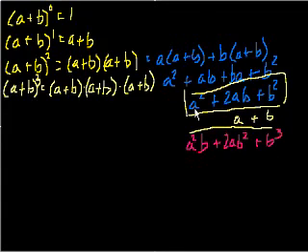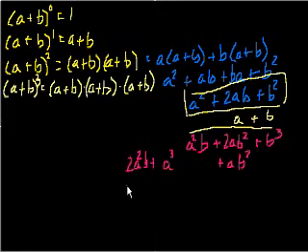And then we have a times a, well, that's a cubed. None of these match that, so I'll put it in another column. A times 2ab, well, that's 2a squared b. I'll put that out here. And then a times b squared, well, that's plus ab squared, right?